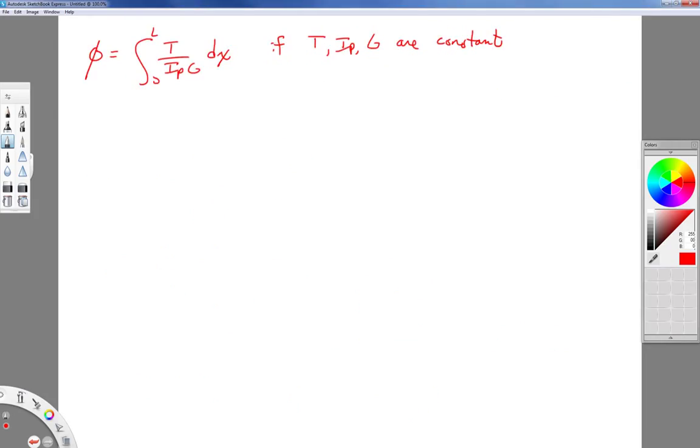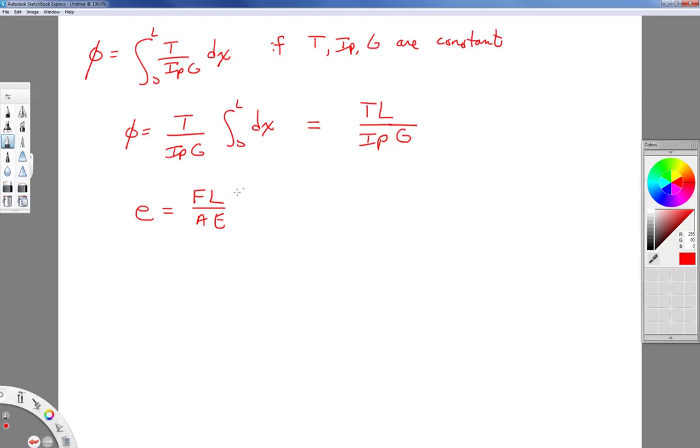All right. So let's look at that integral again. If T, I sub p, and G are constant, those can be pulled out in front of the integral. We just have an integral of dx from 0 to L, and that would evaluate out to be TL over I sub p G. This looks a lot like our formula for axial deformation, FL over AE.